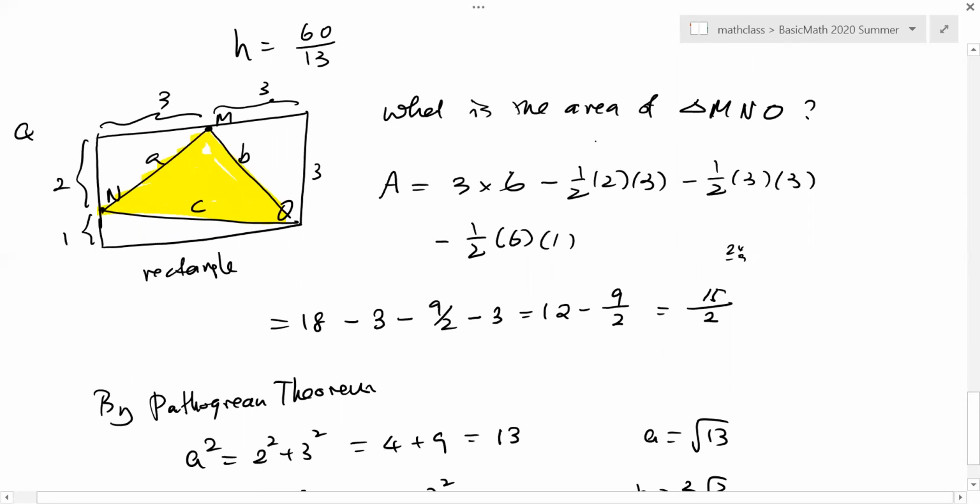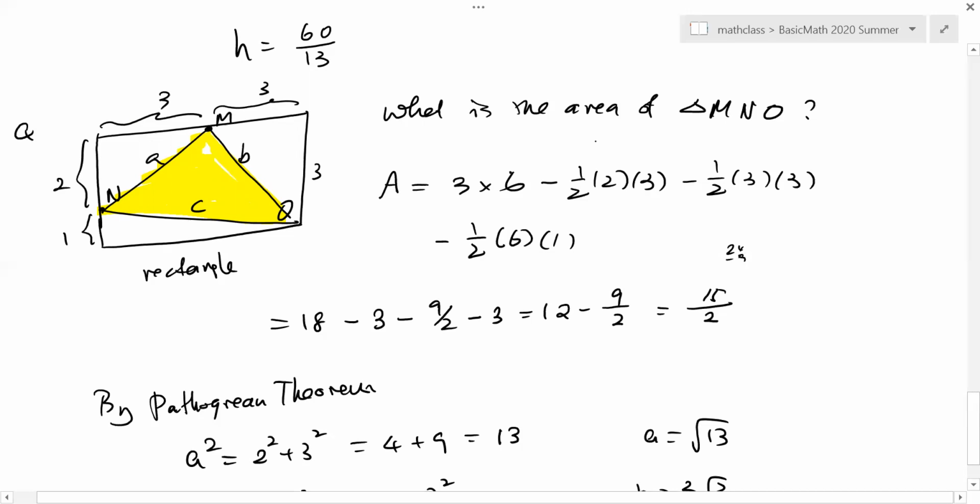We use a subtraction method to solve the problem, okay? So the yellow triangle is surrounded by 3 right triangles, okay? So you just need to subtract the area of the 3 triangles from the area of the rectangle. So what is the area of the rectangle? The rectangle, the length is 6, the width is 3. So 3 times 6. Then you calculate the area of each right triangle.